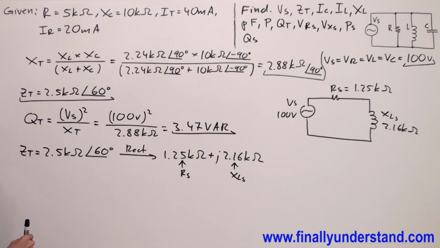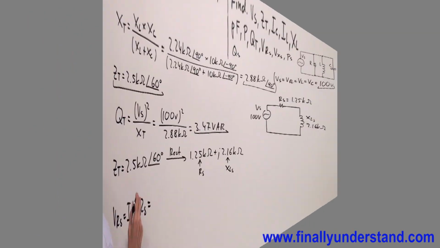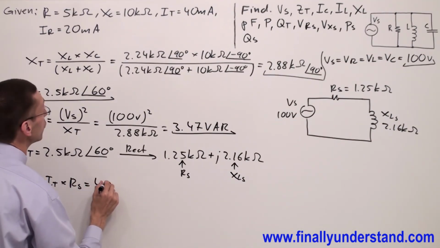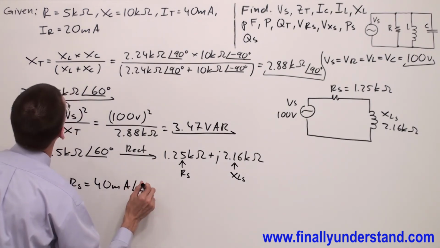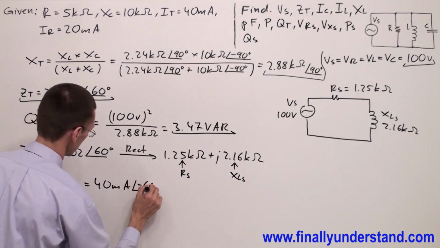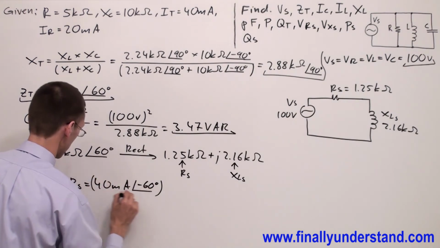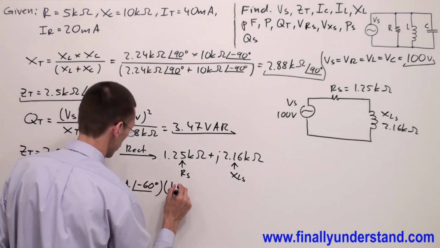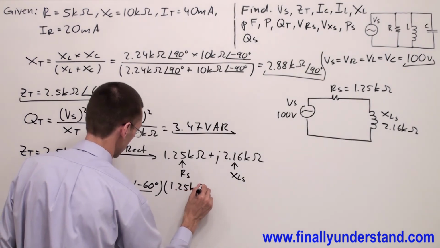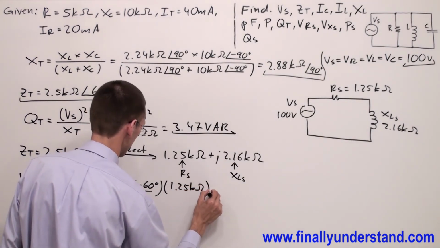So voltage VRS is equal to I total times RS. I total 40 milliamps and angle of negative 60 degrees times RS, which is 1.25 kiloohms.